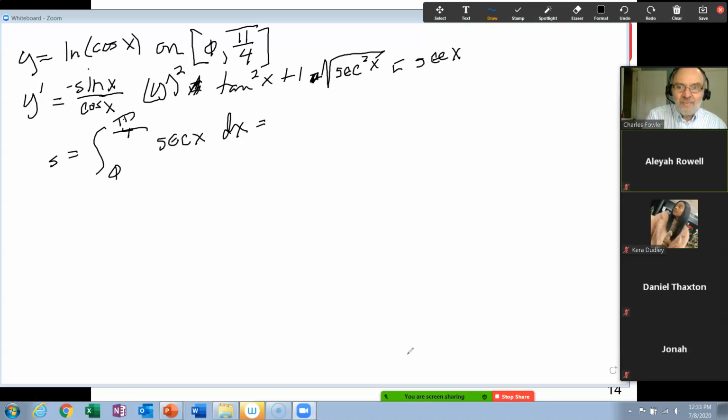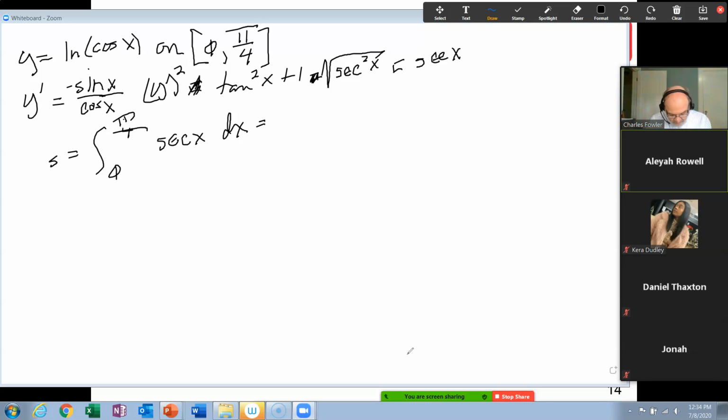What I do for something like that, rather than trust my memory, I go to a table. And in the front of your book, you have a table of integrals. You have the top inside cover, and most calculus books have this, is first at the top of the page a table of derivatives and then a table of integrals.